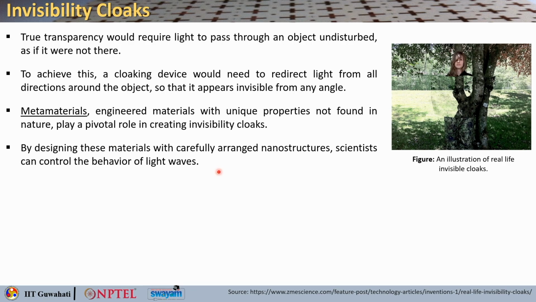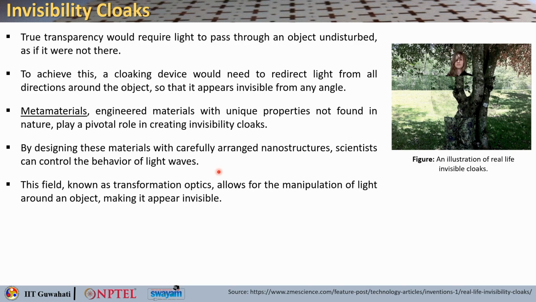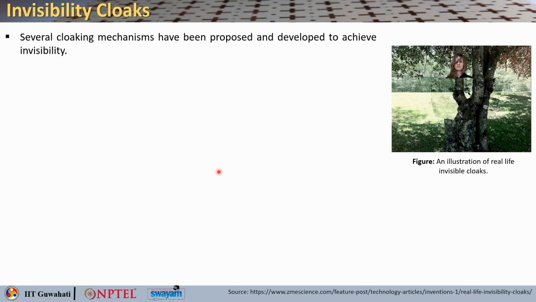We have seen till now that by designing metamaterials with carefully arranged nanostructures, scientists have gained control over the behavior of light waves, right? This field, also known as transformation optics, or a special branch of transformation electromagnetics, allows for manipulation of light around an object, making that object invisible.